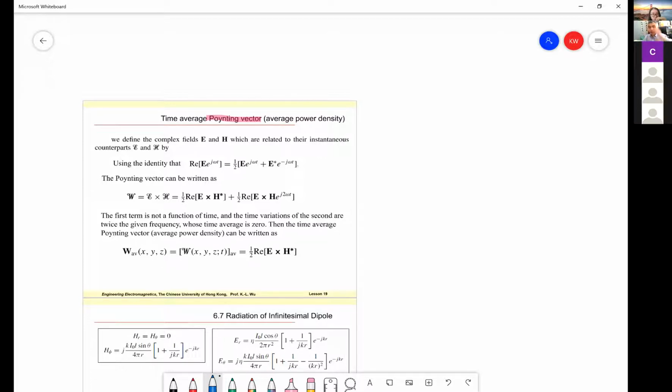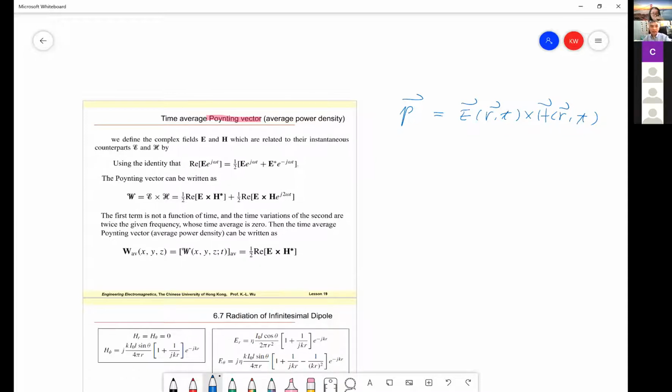And when we define this P, I should emphasize that E is a function of location and also a function of time, and the same for the magnetic field, at the same location, at the same point, at the same time. This is the general expression.